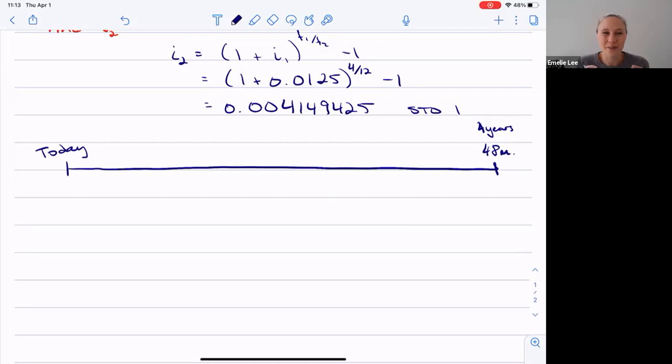And then remember how we're going to draw our timelines for an annuity. You're not going to have to do 48 ticks. That's crazy. Don't do that. Even though that's technically what we're doing, we have formulas to get around that, right? So I want to see the first 3 ticks and the last 2 ticks at least.